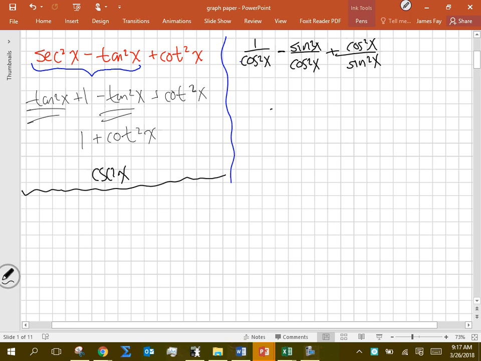Does that make sense? Or the format that we are accustomed to. For instance, when we said that 1 was equal to, what was it, secant squared x minus tangent squared x, okay? Well, now, because we're dealing with sine and cosine, this is going to be 1 over cosine squared x minus sine squared x over cosine squared x. So you still see that right here, right?